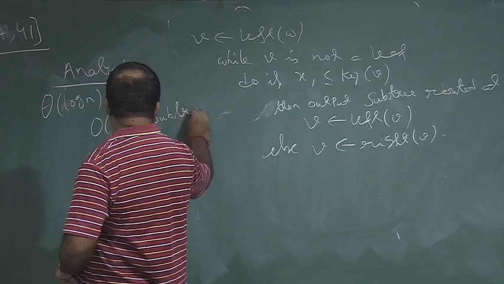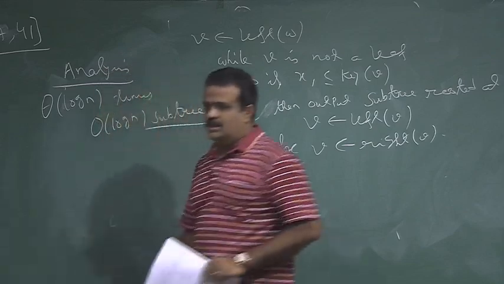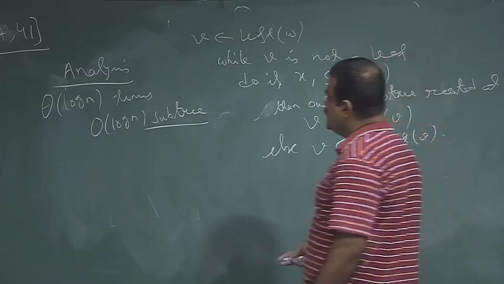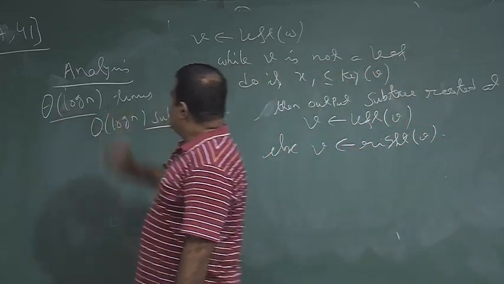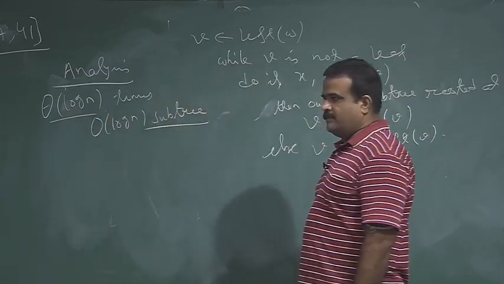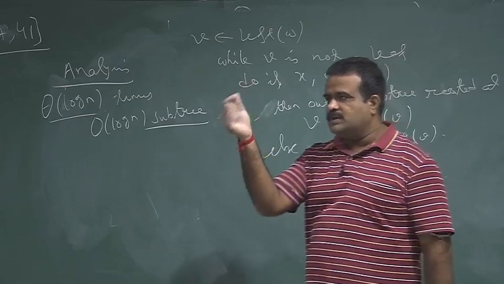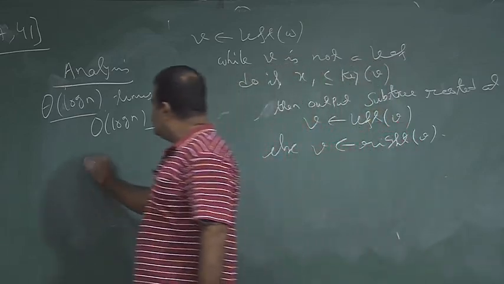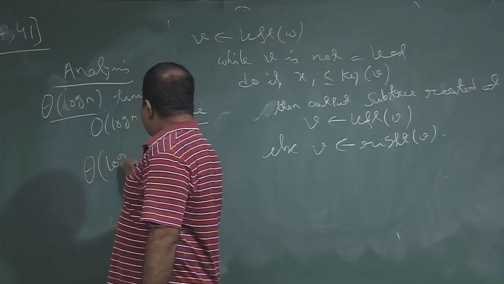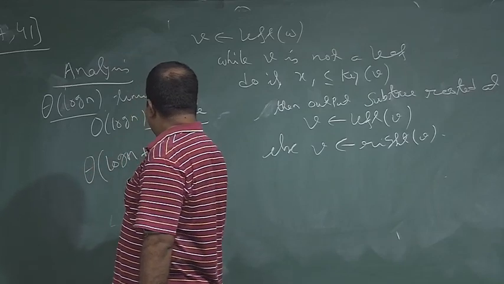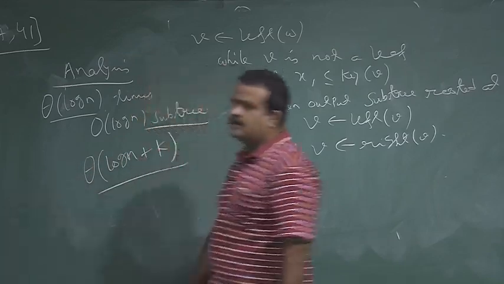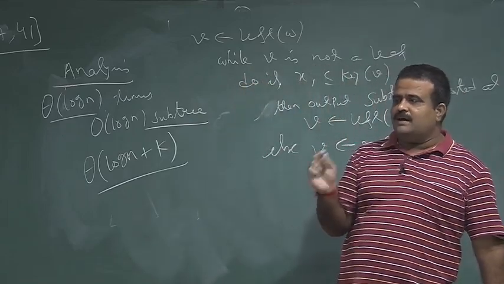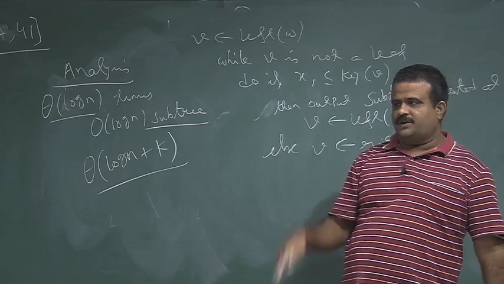So log n subtrees can be reported in log n time, and then once we report the subtrees, we have to print all the outputs. That will take time log n plus k, to print the leaves of each of these subtrees.